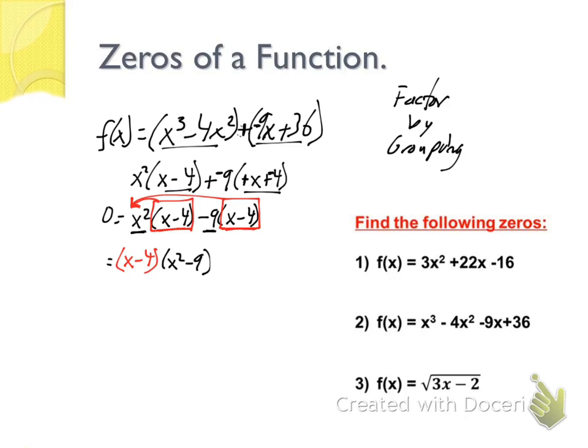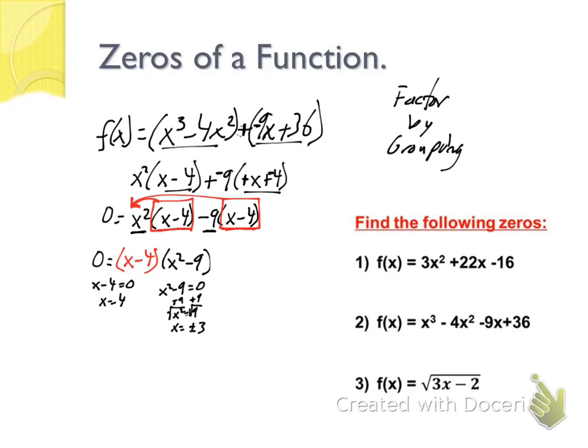And so therefore I want to know, when is this equal to 0? Same thing I did earlier. When is x minus 4 equal to 0? Well, that's when x is equal to 4. And then when is x squared minus 9 equal to 0? Well, add 9. When is x squared equal to 9? Square root both sides, and I get x is equal to plus or minus 3.